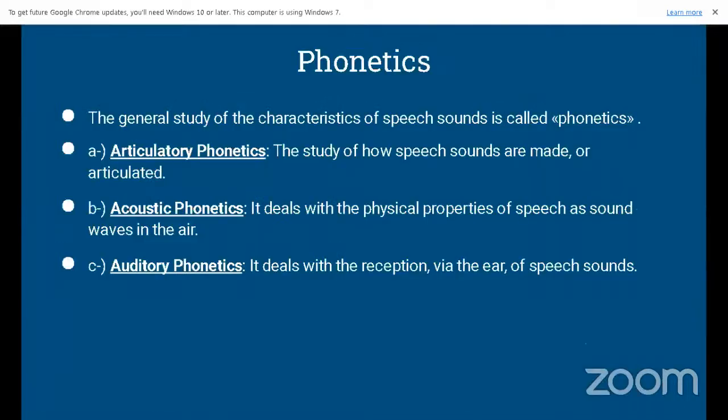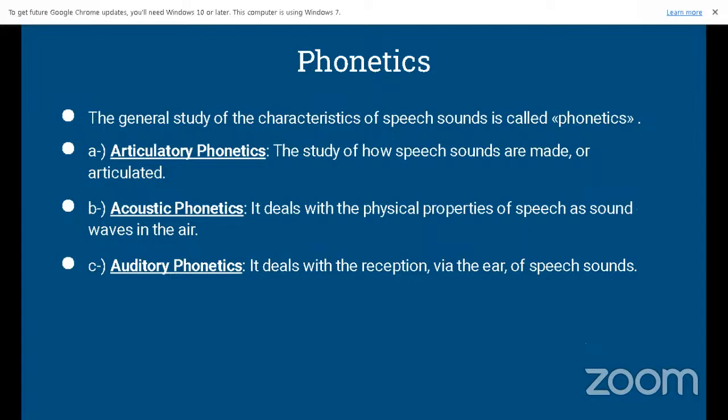Now these are divided into 3. For example, articulatory phonetics. This is what we are studying in this unit. Articulatory: how are we producing sounds and pronouncing the words. So it is the study of how speech sounds are made or articulated.